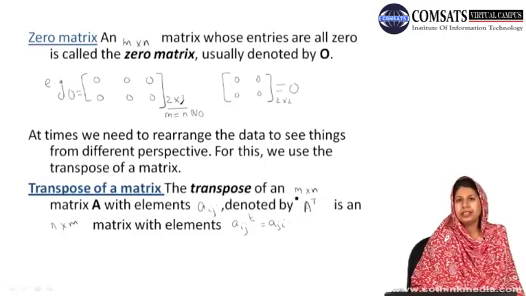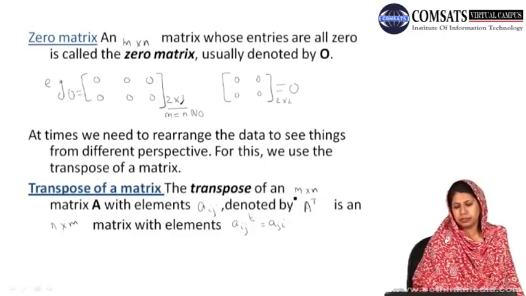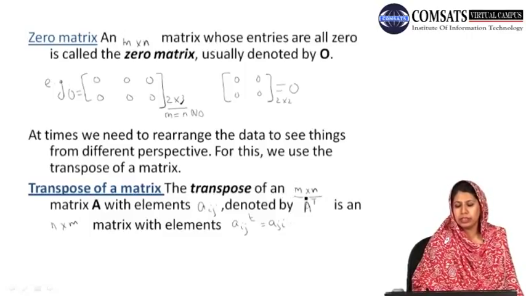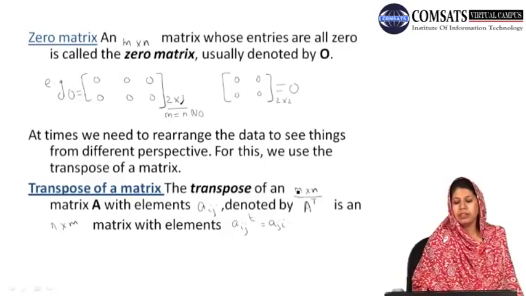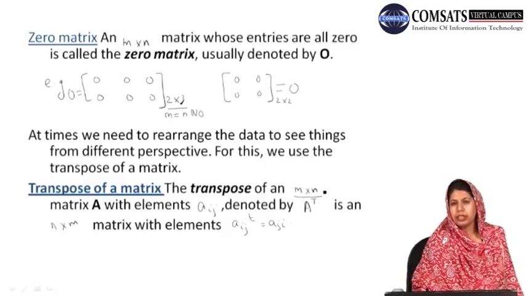What are we doing in the transpose of a matrix? In simple words, suppose we have a matrix A of order m by n. Here we also have to observe that we are not talking about square matrices only. The matrix may have any order m by n; m and n can be equal, they can be different. We want to take the transpose of the matrix.